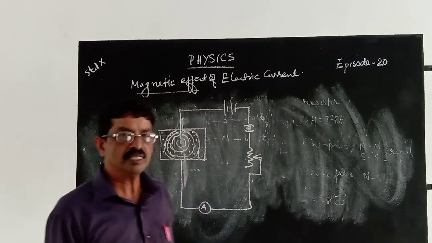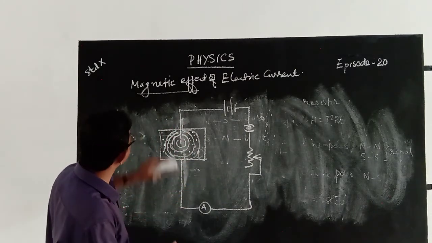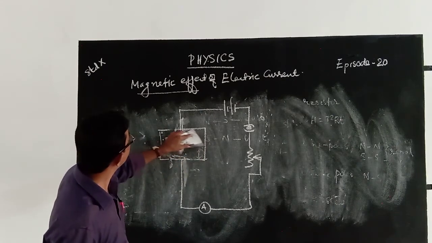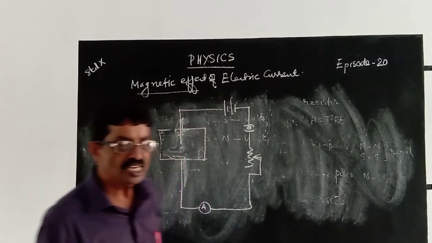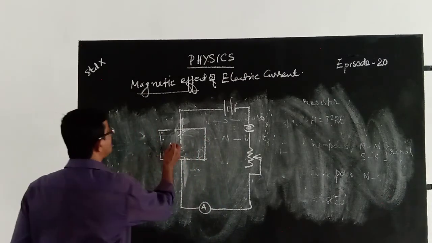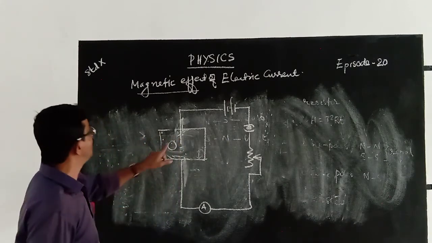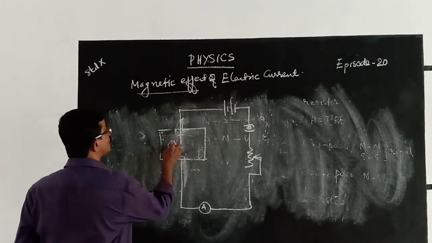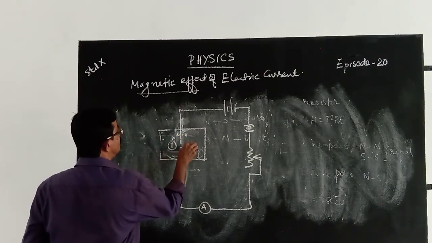Now, the same thing, after removing these iron filings, we can draw with a magnetic compass. That means when we place the magnetic compass, its north pole points towards one end, and we mark it.